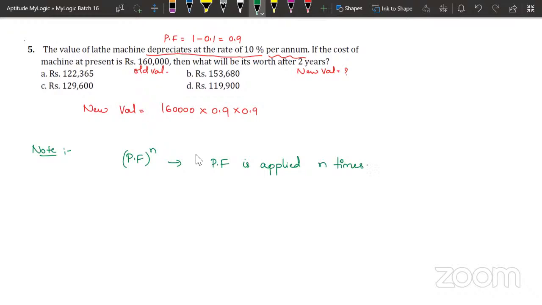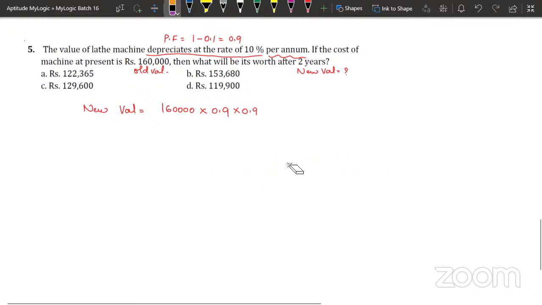Here, the value of that machine is reduced by 10% twice, so we have to multiply it twice. The value given is an old value, therefore we are multiplying. Suppose a new value is given, we will divide it. Now, how do you multiply 0.9 into 0.9?